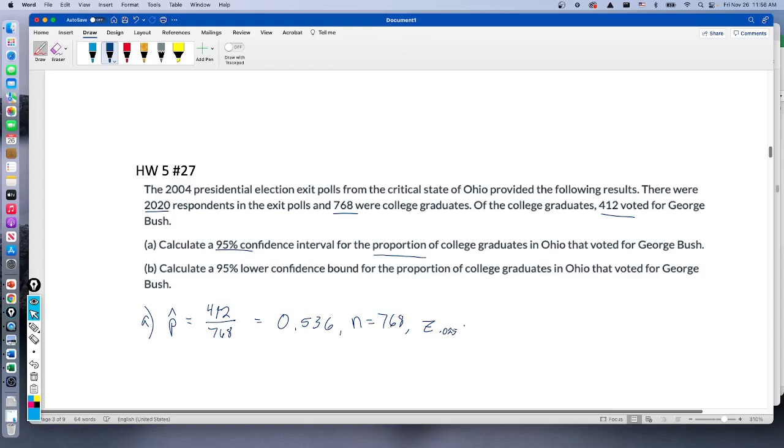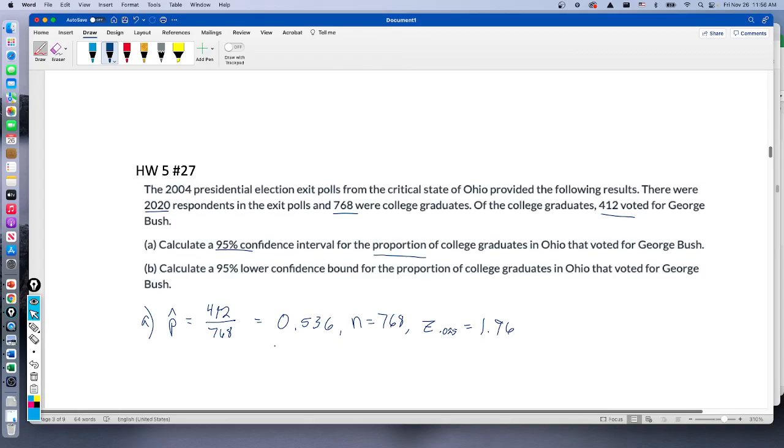Because we've got alpha over 2. We could look that up in the Z table, but hopefully you remember that number, 1.96. It's probably easier to look up negative 0.025, because that's the percentage you're looking for. Look it up on a negative, you'll get the negative 1.96. Anyway, we've done this a few times in class, so that's what we've got.